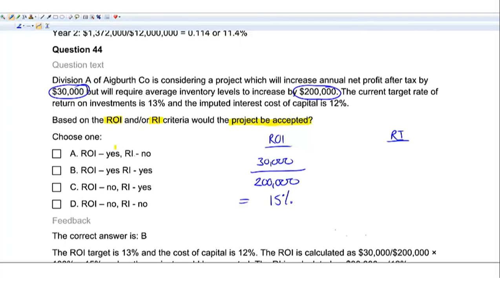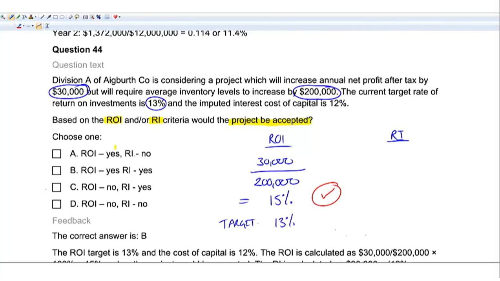If we read on, it tells us that the company's current target rate of return on investment is 13%. So if we have a target of 13 and this is a project that generates a 15% return, then based on return on investment, we will accept the project.